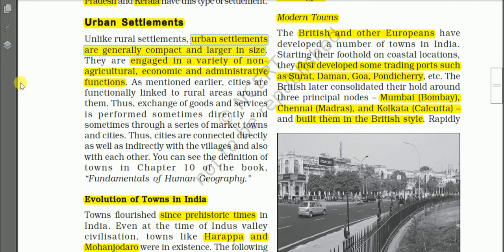And for the urban settlements, people in the urban areas are engaged in a variety of non-agricultural, economic and administrative functions. That means they are mainly engaged in the secondary, tertiary, quaternary and other service sectors. So these are the differences between the rural settlements and urban settlements. In addition to this, we have a lot of points discussed yesterday, so try to remember.